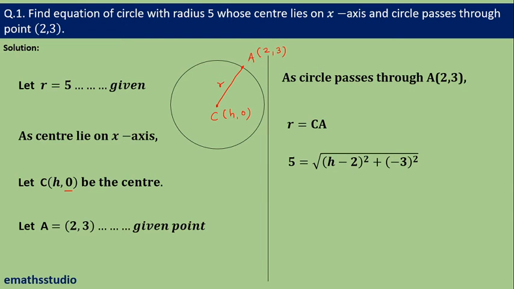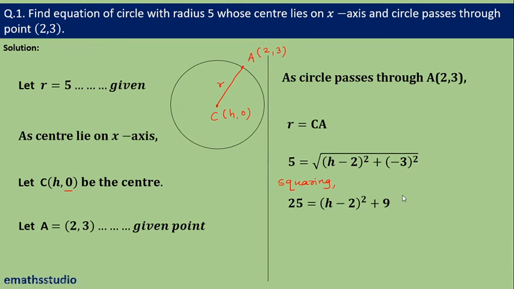Now R given is 5 and CA can be obtained simply with the help of the distance formula. So it is the square root of (h minus 2) the whole square plus (0 minus 3) the whole square. Now we are going to simplify this. In the next step you can square this, so squaring both sides, I get 25 is equal to (h minus 2) the whole square plus 9.